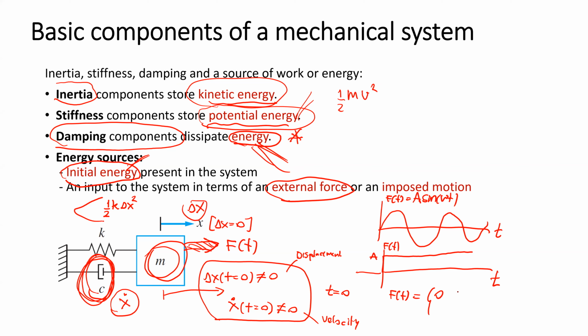When time is less than zero, the force may be zero. When time is more than zero, the magnitude of force may be equal to one value. Or we can have a different form of the force applied to the system.